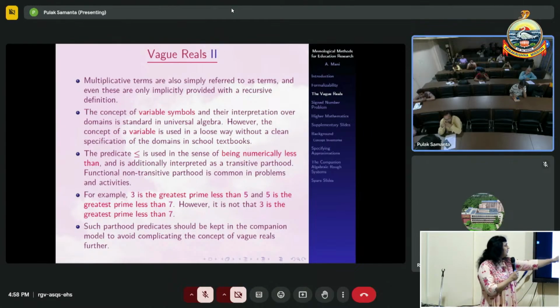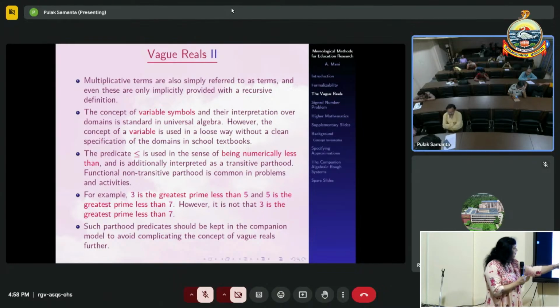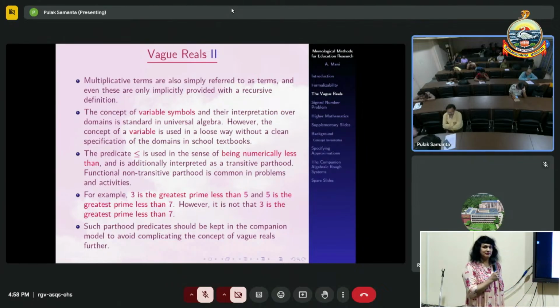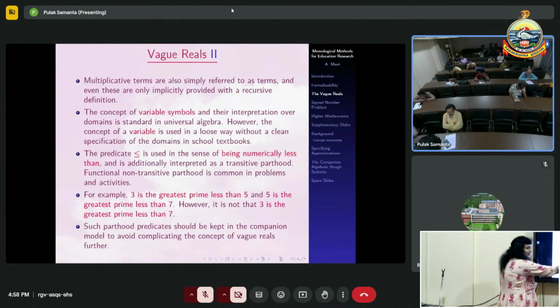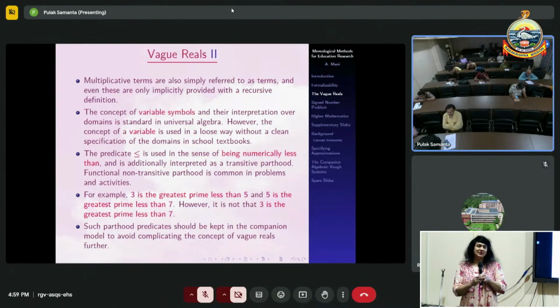And functional non-transitive parthood is common in problems and activities. By functional parthood, this is an example. 3 is the greatest prime less than 5. And 5 is the greatest prime less than 7. However, it is not that 3 is the greatest prime less than 7. So this greatest prime less than can be seen as a parthood predicate.